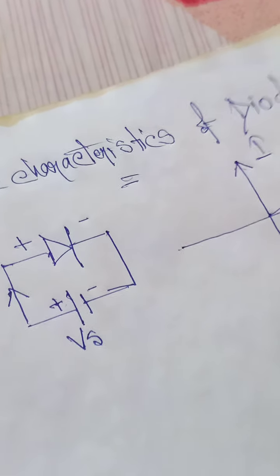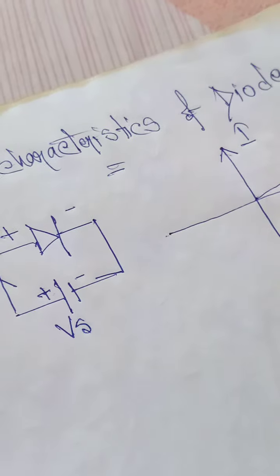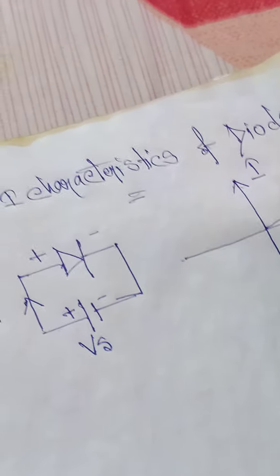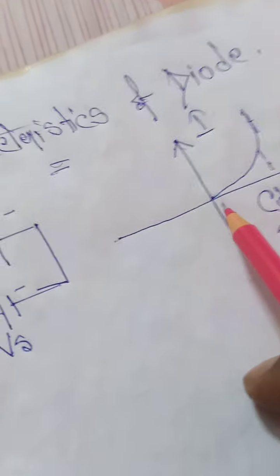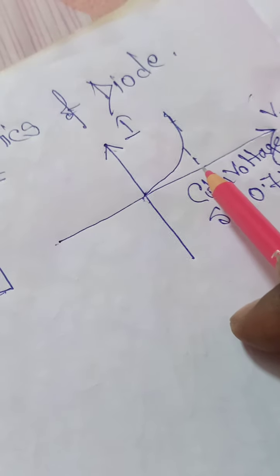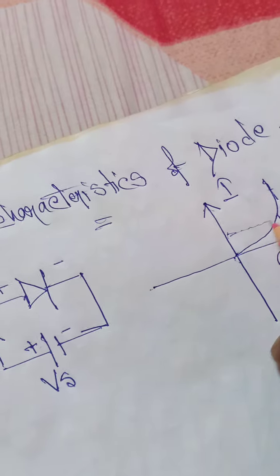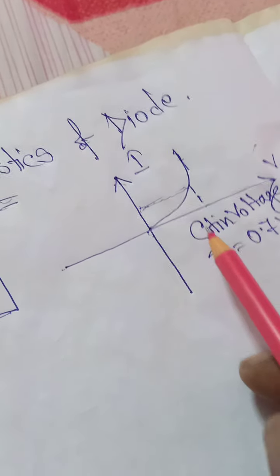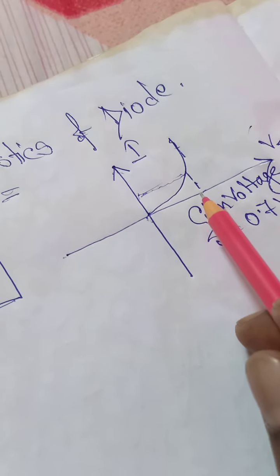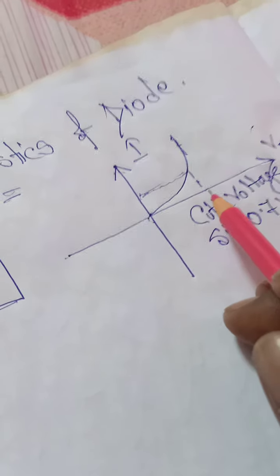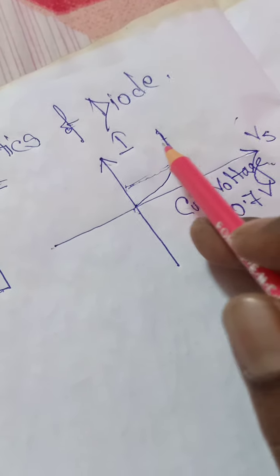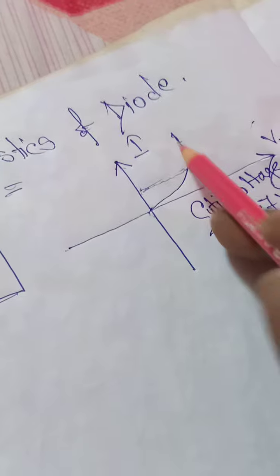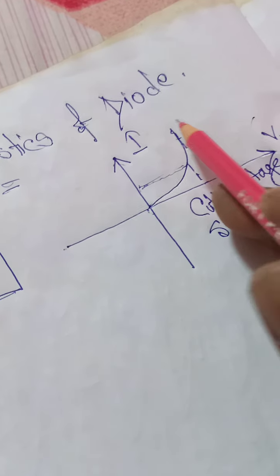In case of silicon, that is 0.7 volt. What is happening over here? From 0 to cut-in voltage, the diode current is very small, right? When it crosses the cut-in voltage, the diode current rises rapidly. So that is a forward bias condition.